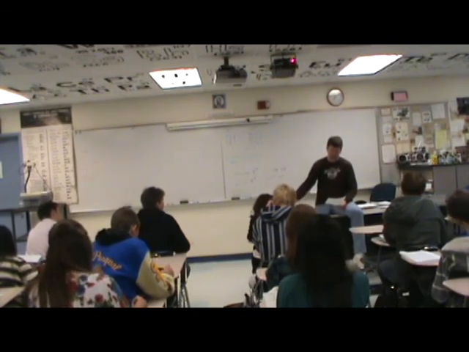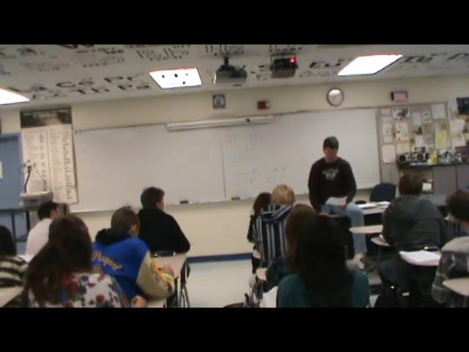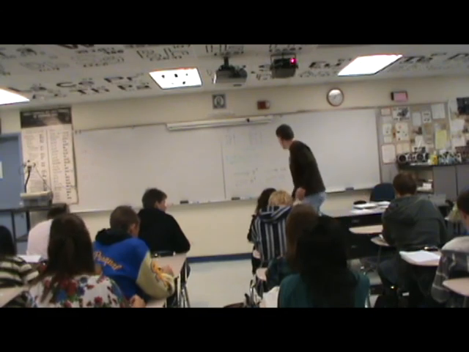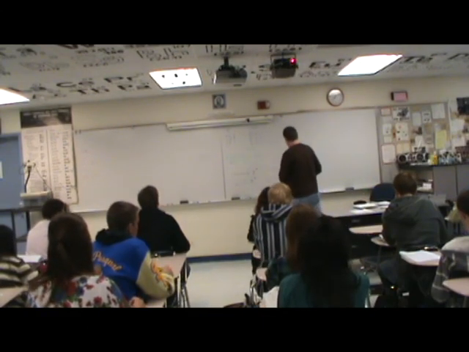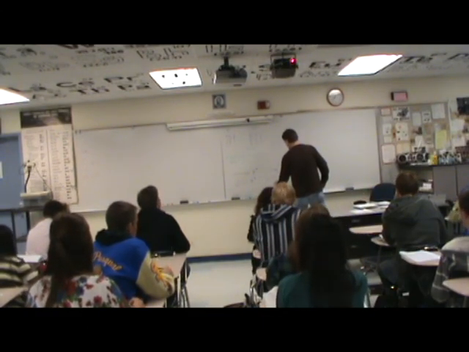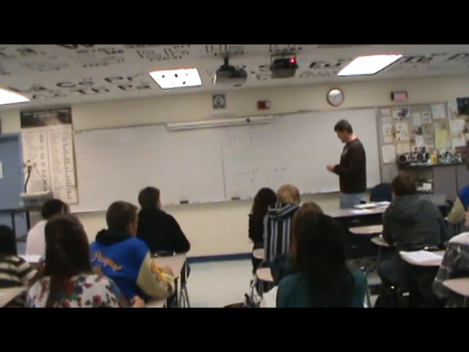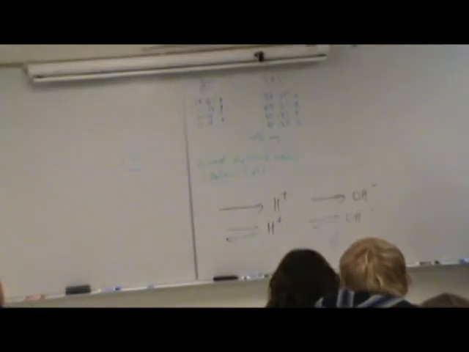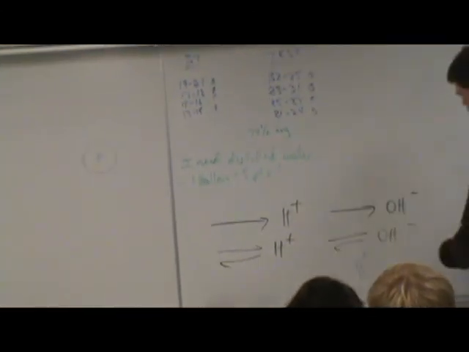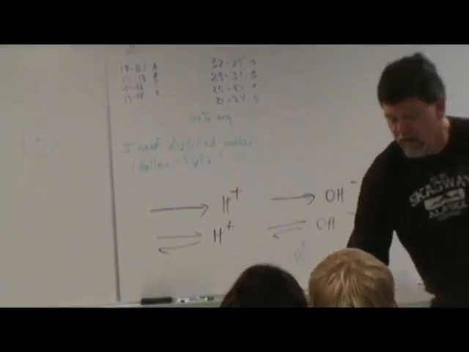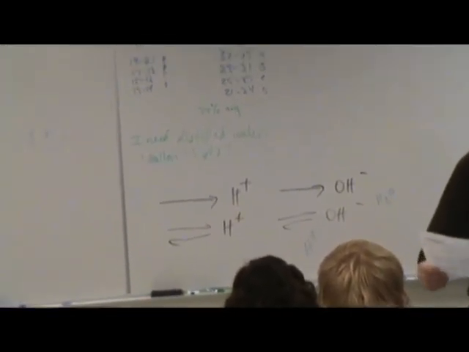Another way of saying that is they accept protons. Because if you're OH negative and there's an H+ floating around, there's an affinity, an attraction. They come together and form water. So giving off hydroxide ions is another way of saying they accept protons.